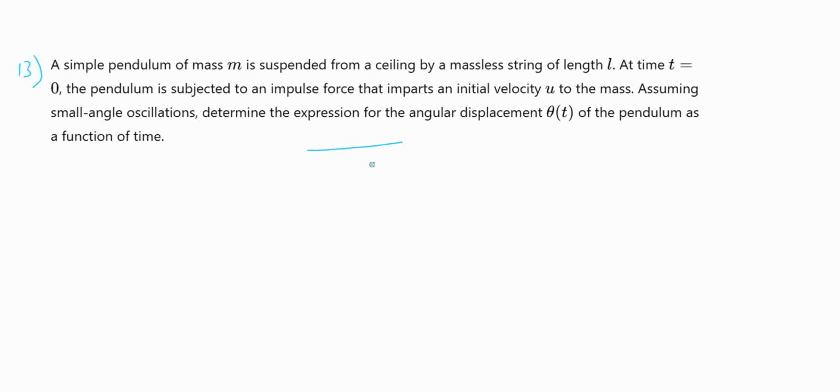Okay, we have a pendulum and it is subjected to an impulse force. So basically, the impulse force is given by this function delta of t. In this case, what will be the scenario? Initially, it is like this, at rest.